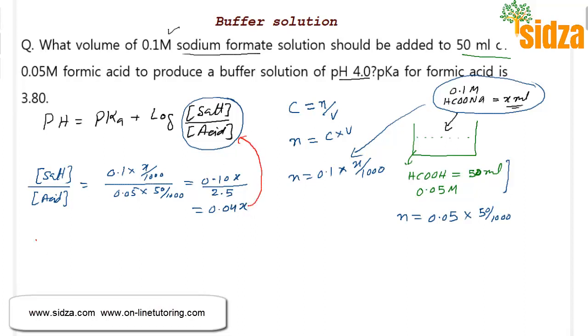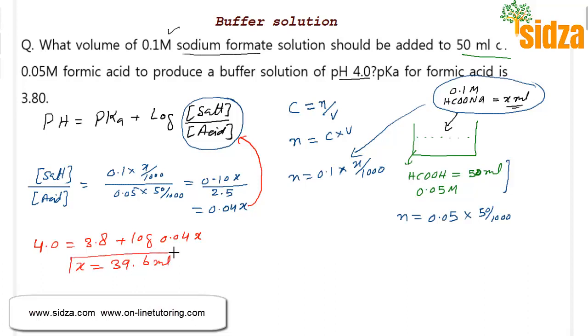So let's put the same value in this equation. The pH is 4.0, so it will be equal to the pKa value, 3.8, plus the log of 0.04X here. And when you simplify further and find the X value, it will be 39.6 mL.